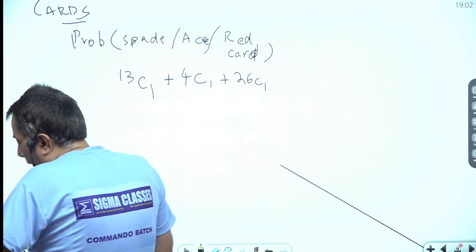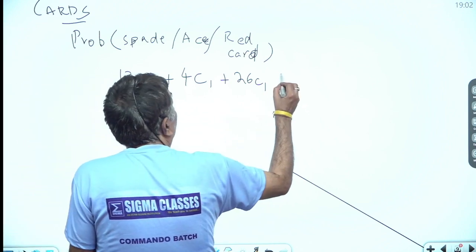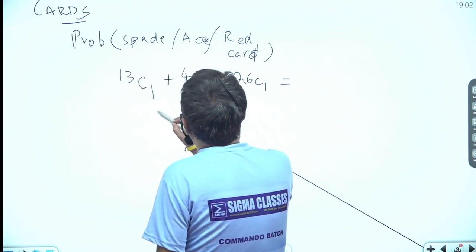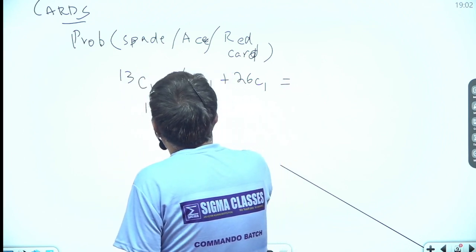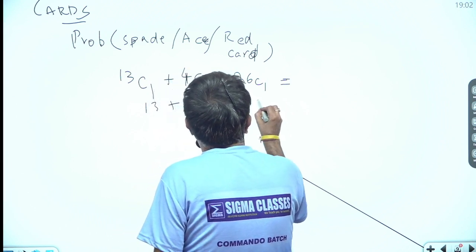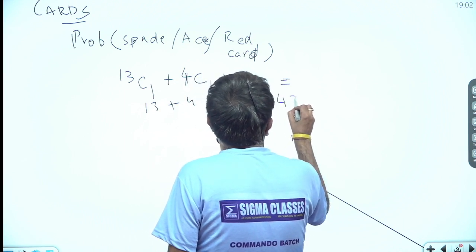Now, once we have this, this is 13 plus 4 plus 26, which is 43.